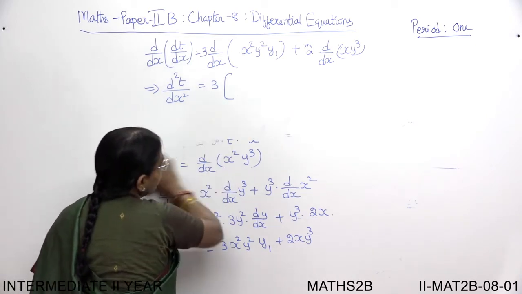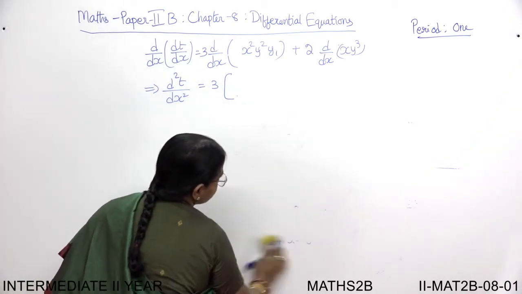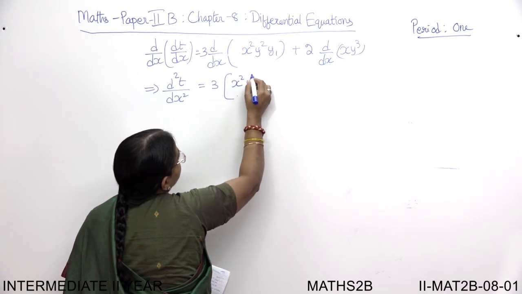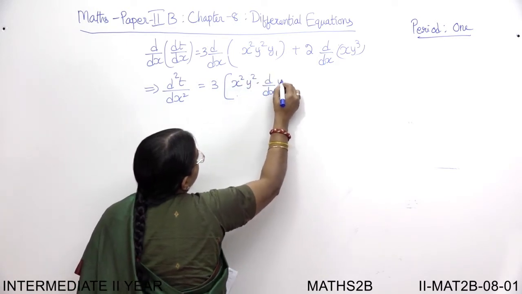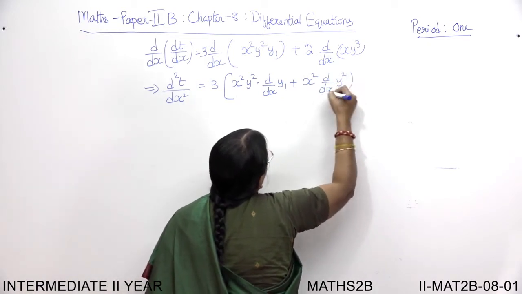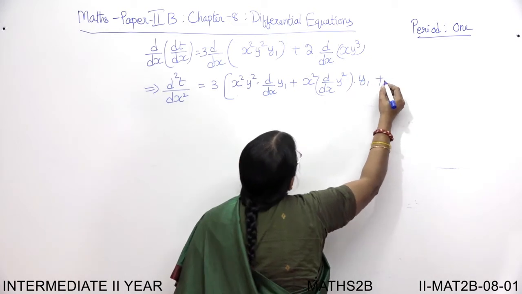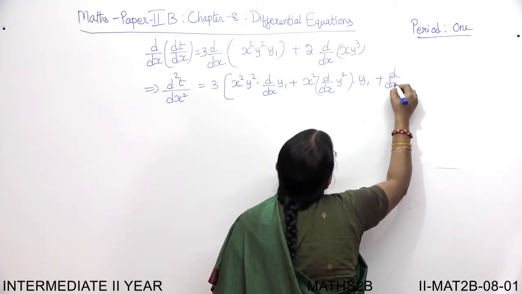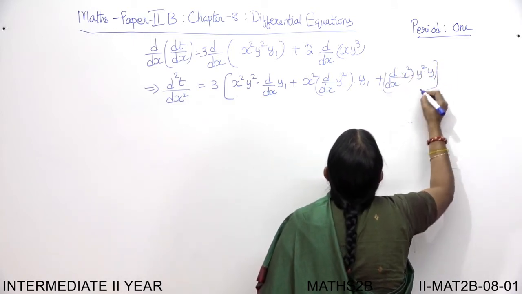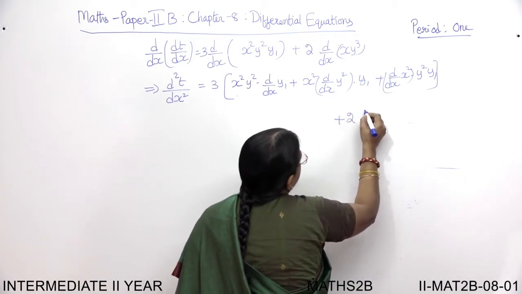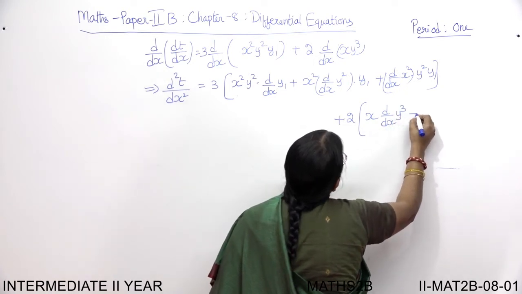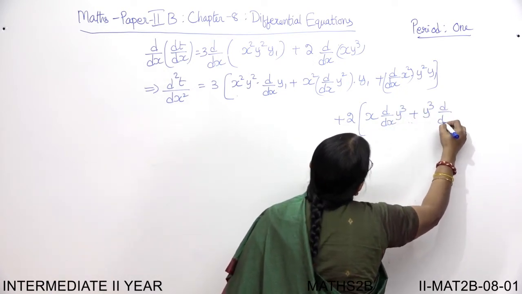When it is a product of three functions, it is first function, second function into the derivative of the third function, plus first function, derivative of second function into third function, plus derivative of first function into y square into y1. So you will have it like this, plus 2 into x into d by dx of y cube plus y cube into d by dx of x.